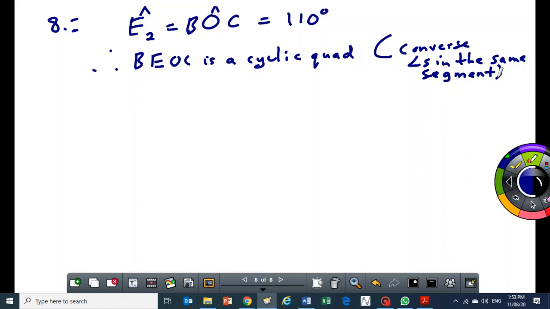Right? Then we are done. So that's how it's 2 marks. The first mark is going to come from having that statement.